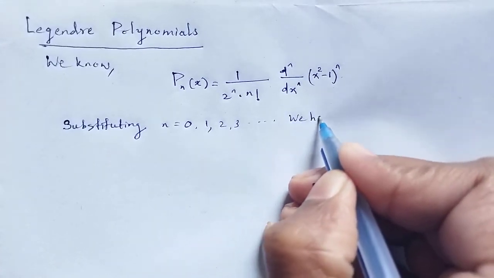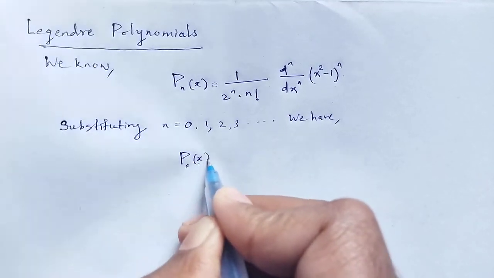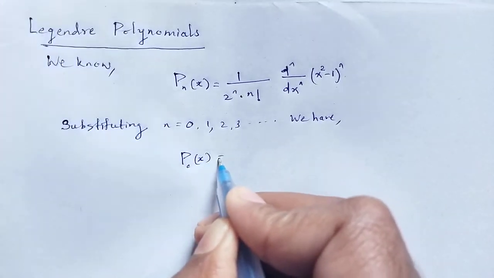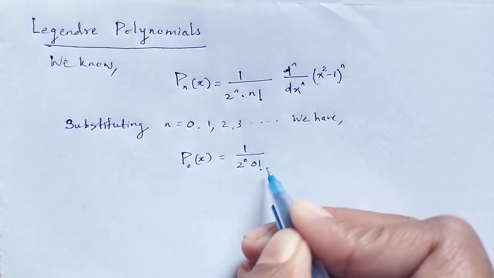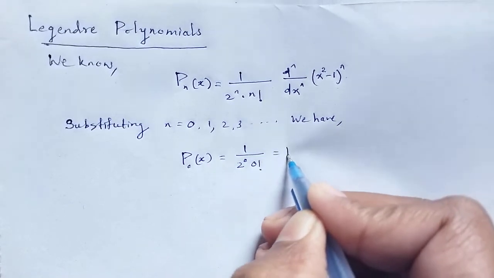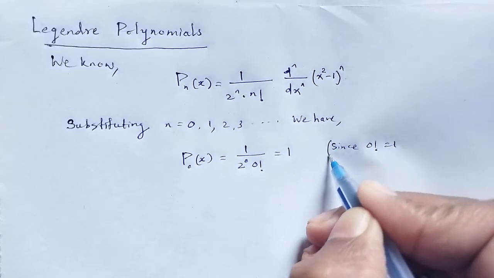We have P0(x), that is 1 by 2^0 into 0 factorial, that is equal to 1, since we know 0 factorial is equal to 1.